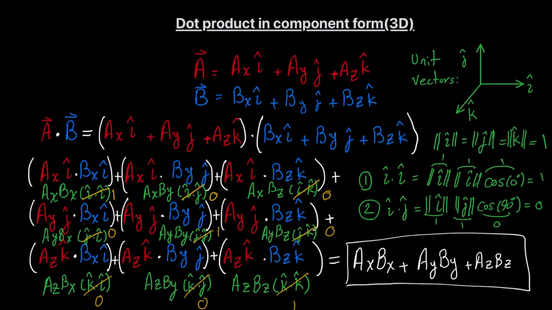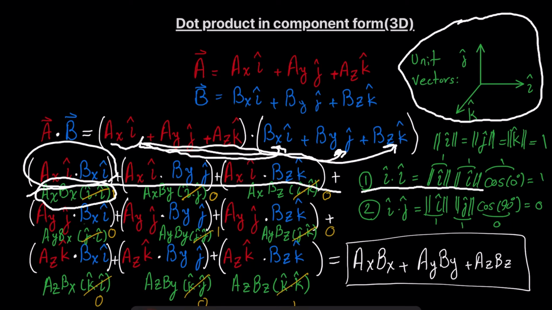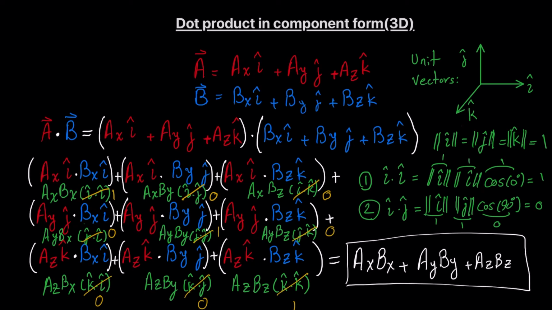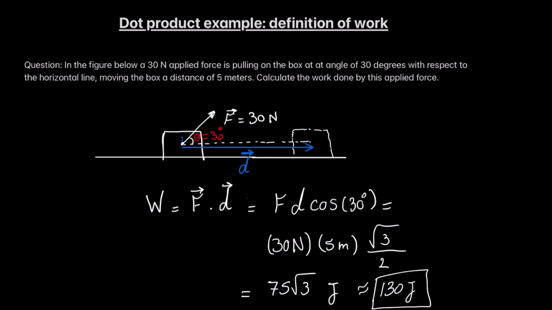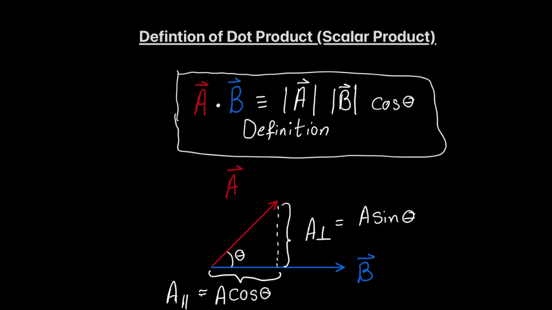Then what we can do once we write down all these 9 terms is to take a look at a pattern here. So we have essentially these 2 cases. Case number 1 is right here, and case number 2 is right here. Case number 1 is when you have a vector like i hat dotted with i hat. To do the component form, we still need to apply the definition of dot product.